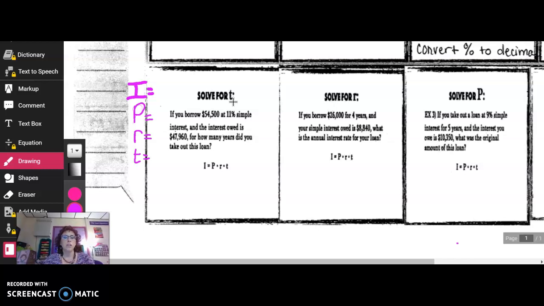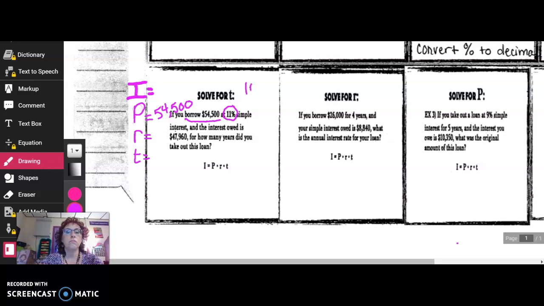So in this particular problem, it says that you borrow $54,500. That's your principal amount. So we're going to write that here, $54,500. 11%, that's my interest rate.